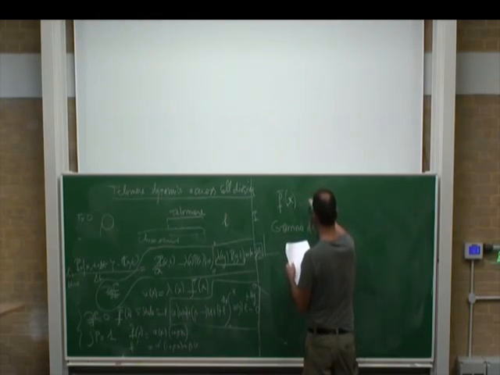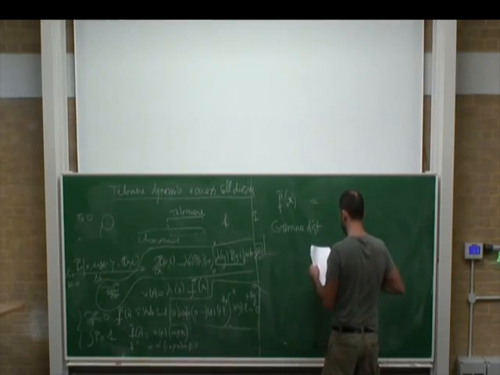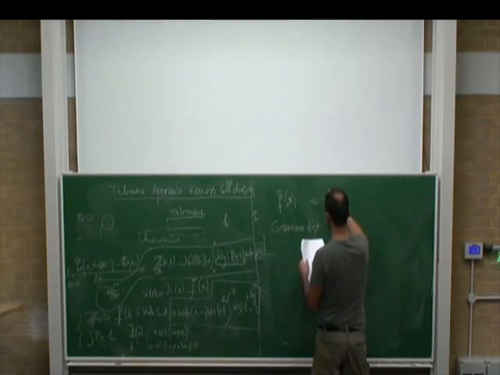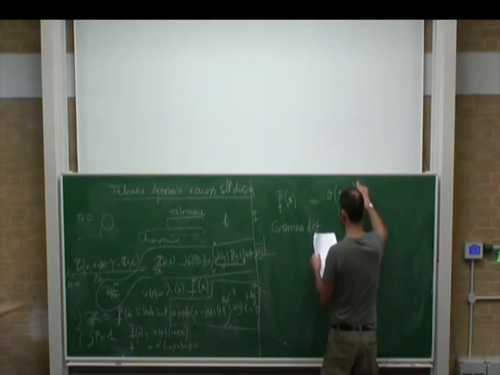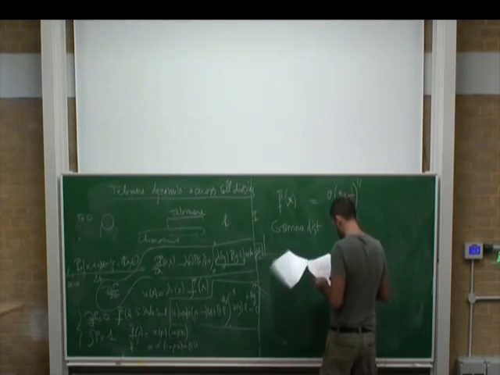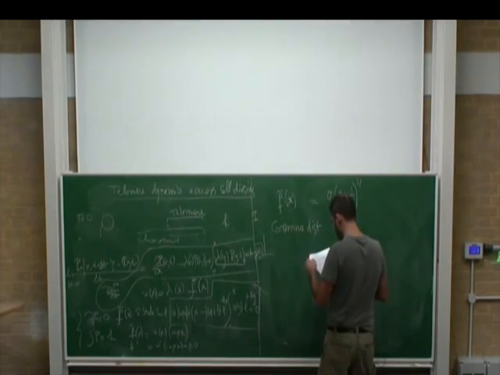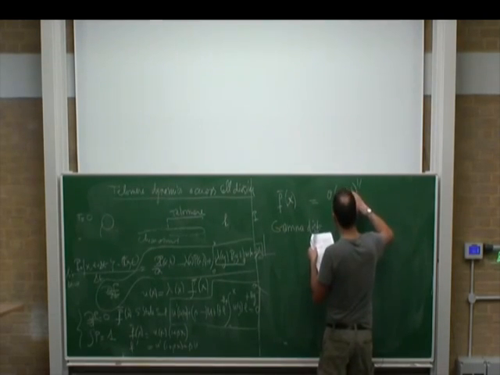So f of x, where you have only an exponential here. Okay, let me write it down. Theta plus 1 over b divided by theta, correct.